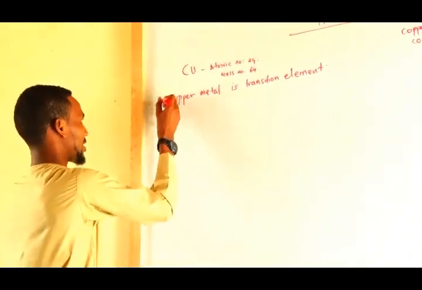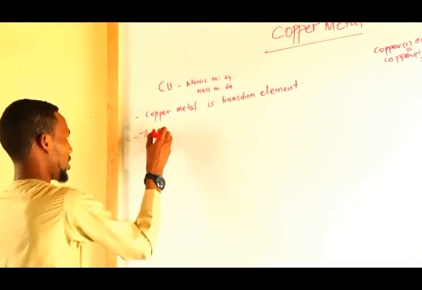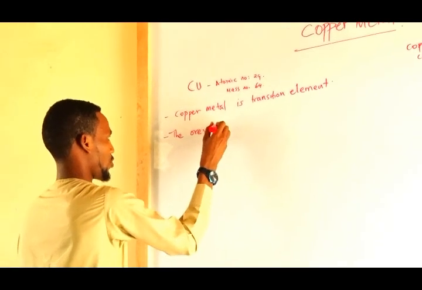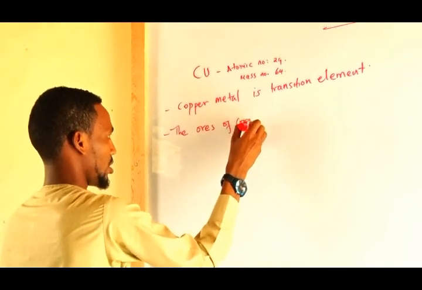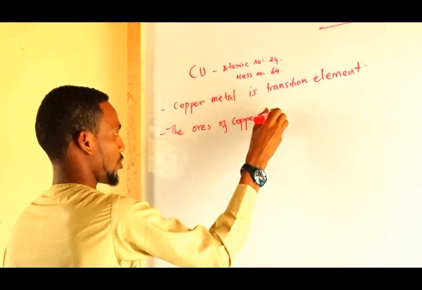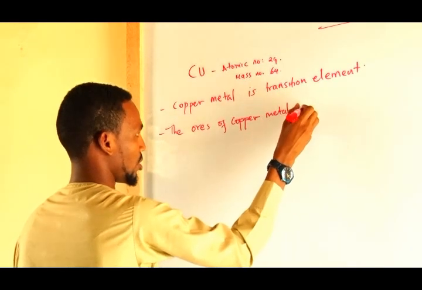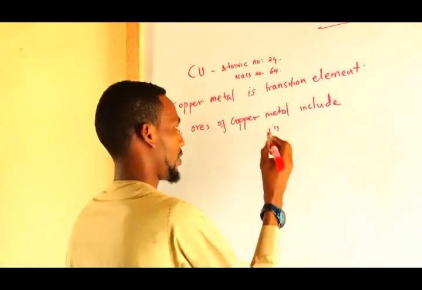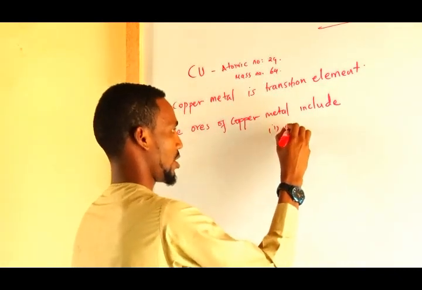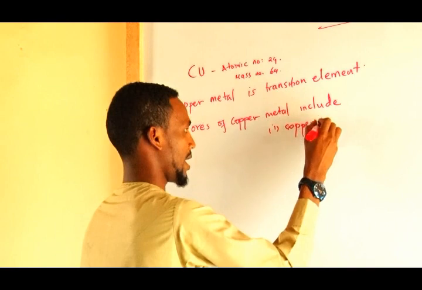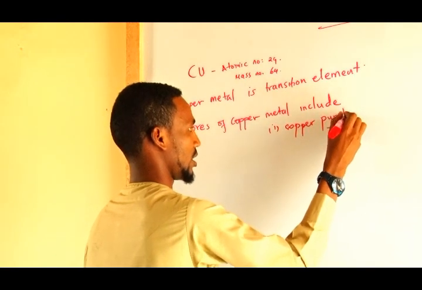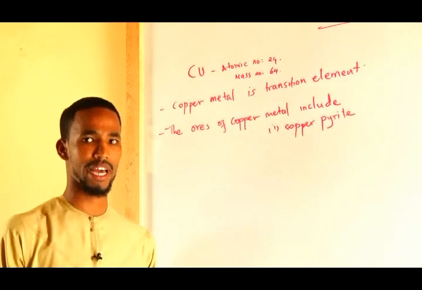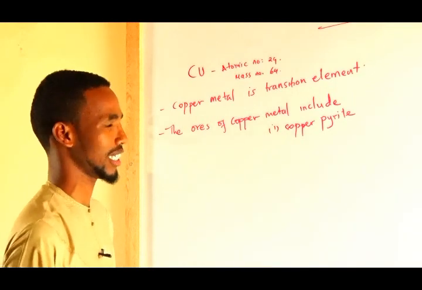So let's discuss the ores of copper metal. They include, the first one, copper pyrite. That is the first ore that we're discussing.